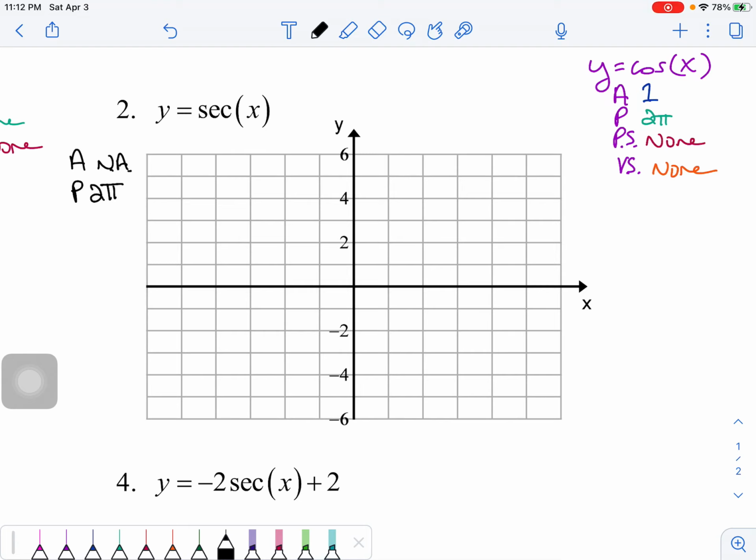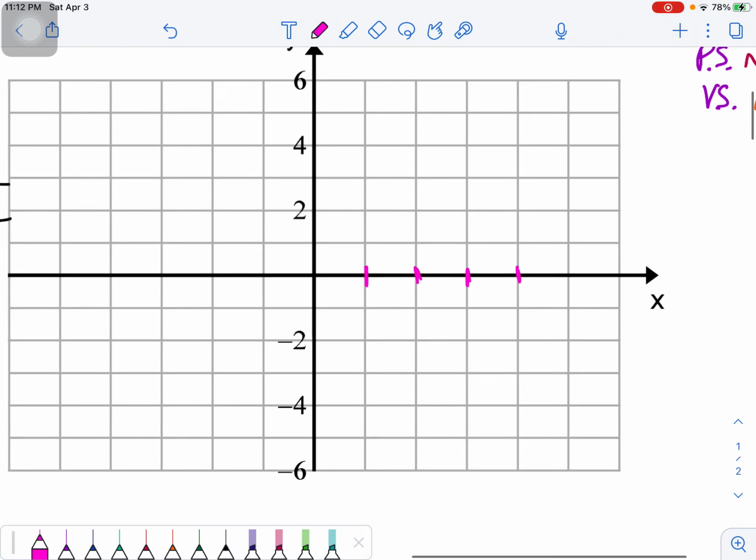Period, it's going to match. So whatever this cosine curve is over here with 2 pi, it will match. Same thing with the phase shift and vertical shift: phase shift, none, and vertical shift, none. So I am going to do a little X marks the spot on my graph to get the cosine curve in place. So 1, 2, 3, 4.